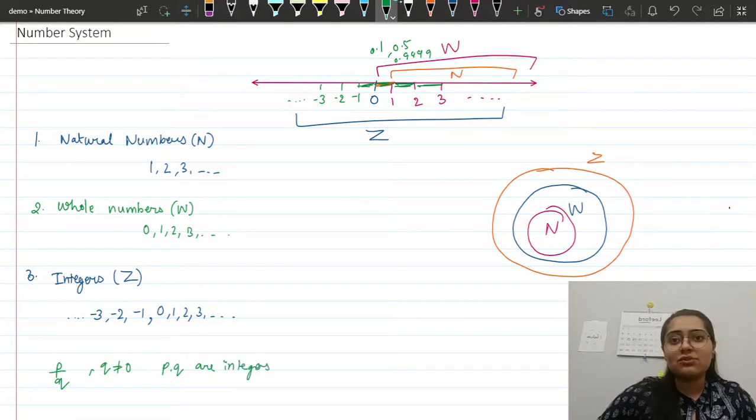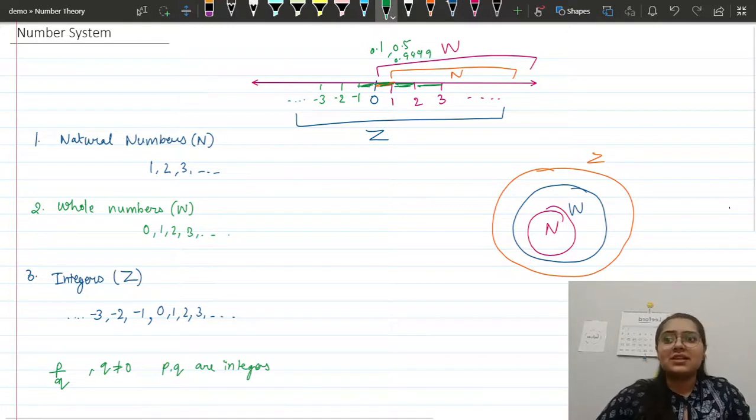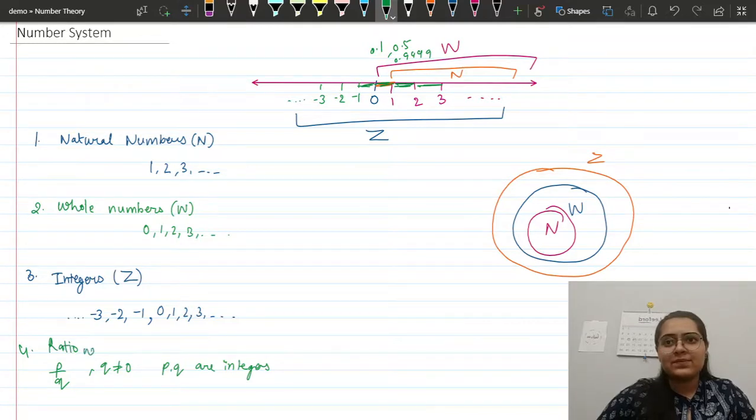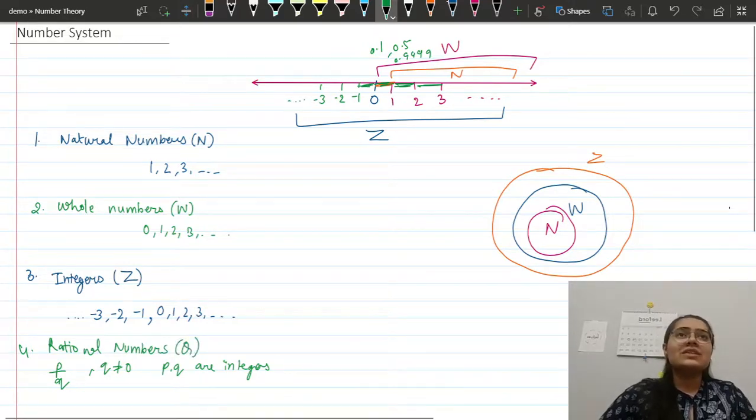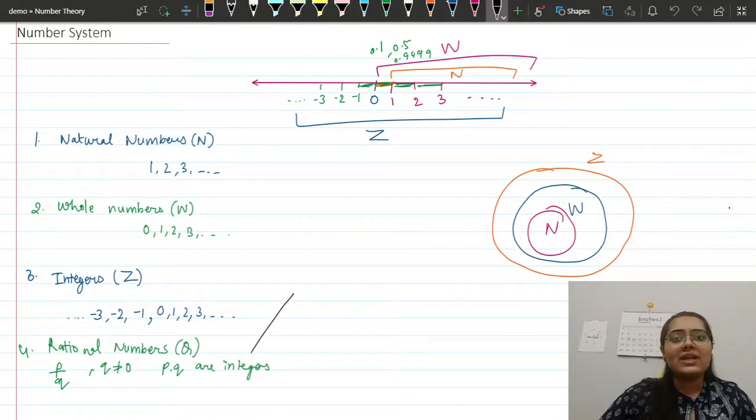The numbers of this form are called rational numbers, and we denote it by capital Q. Now let us look deeply into what these rational numbers are. These rational numbers are of the form of a fraction, as we saw, P upon Q form.